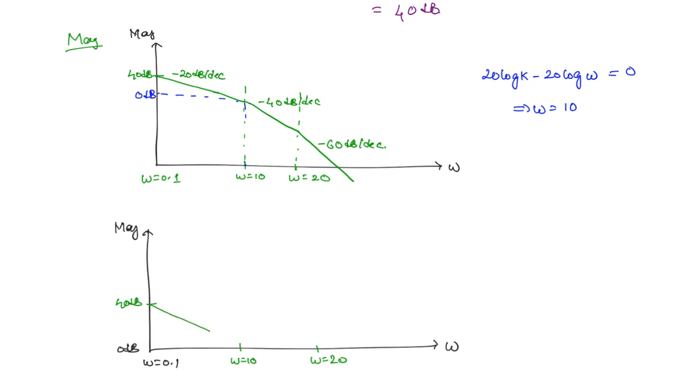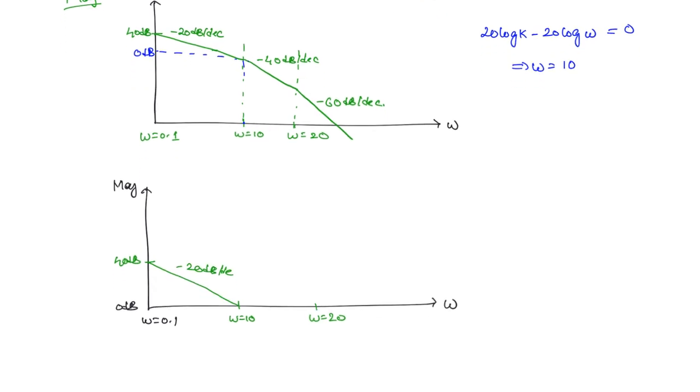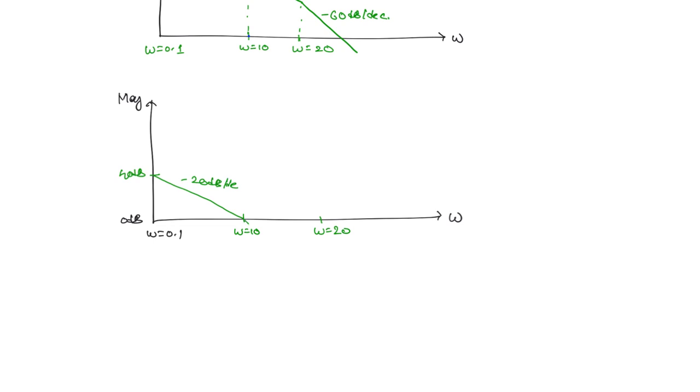Then initially it will fall at minus 20 dB per decade and at omega is equal to 10 the change will be to minus 40 dB per decade. And once again at omega is equal to 20, the slope will further change to minus 60 dB per decade.